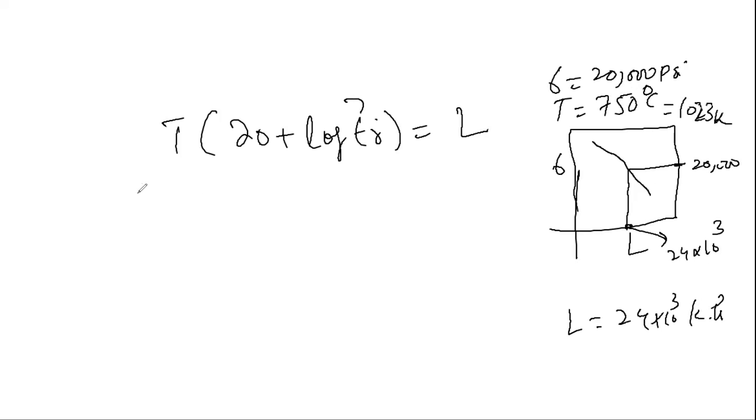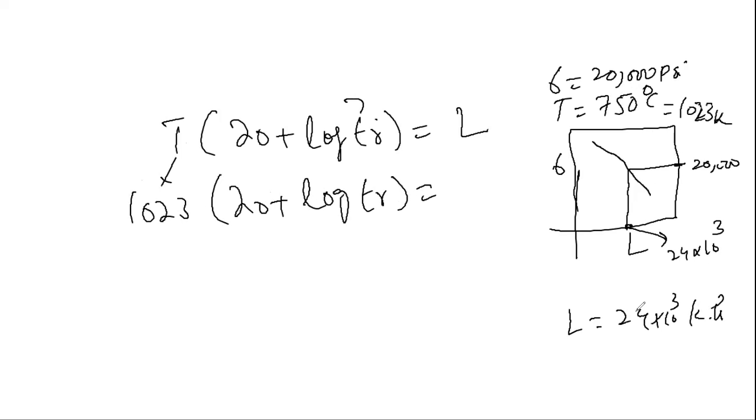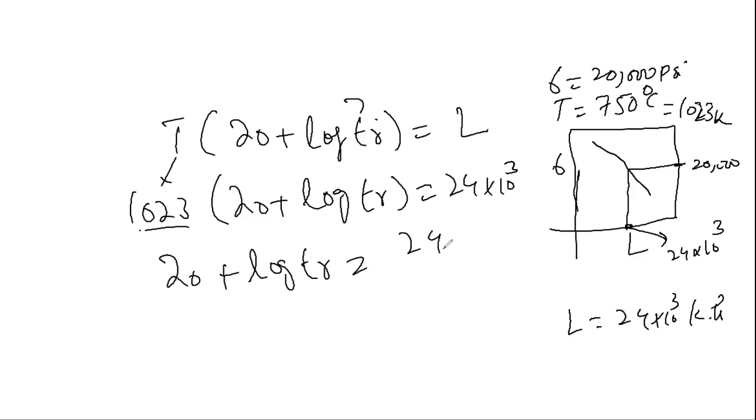So given this 1023, 20 plus log of TR is equal to L. L is 24 into 10 raised to the power 3, right? So when you divide 24 into 10 raised to the power 3 by 1023, how much is it? 20 plus log of TR is equal to 24 into 10 raised to the power 3 divided by 1023.